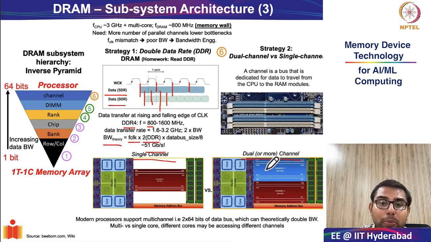Previous generations had only single channels, whereas current generations have dual or even more channels. As I just explained, each channel has independent read and write access between the memory subsystem and the CPU subsystem. Therefore, if your modern day processor and motherboard support multi-channel, it will naturally double the theoretical bandwidth.